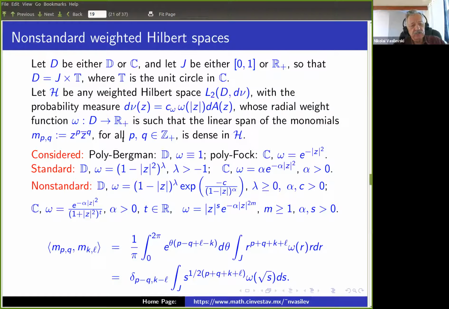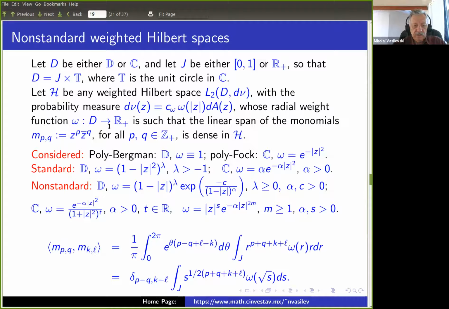What we have already considered are poly-Bergman spaces, when we have the unit disk and the weight is just 1, and polyfock spaces, when the domain D is C and the weight is Gaussian measure. We have some very well-known standard weights.